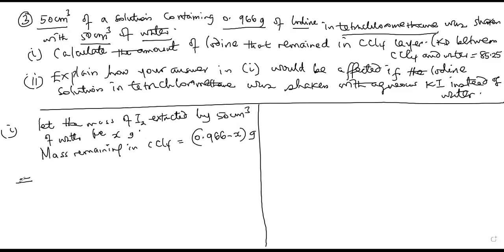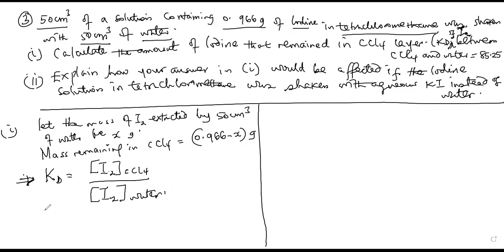So from KD, the KD of iodine between tetrachloromethane and water, KD is equal to the concentration of iodine in tetrachloromethane over the concentration of iodine in water.